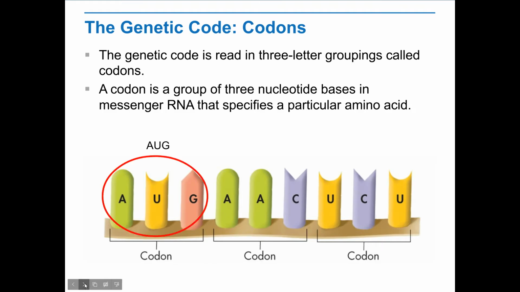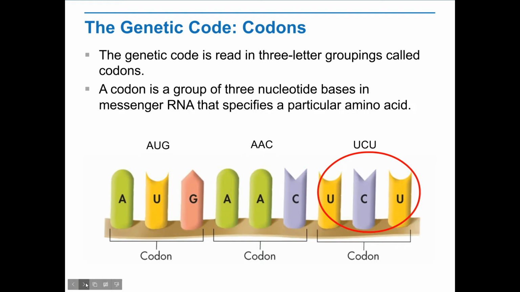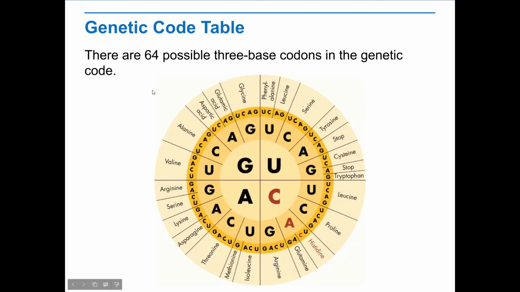All right, so let's look at these. AUG, AAC, UCU, that would be a codon. How we read this is using a codon wheel. You can see right here that there are 64 different possible codons in the genetic code. How it's read is you start here in the middle and then move out.